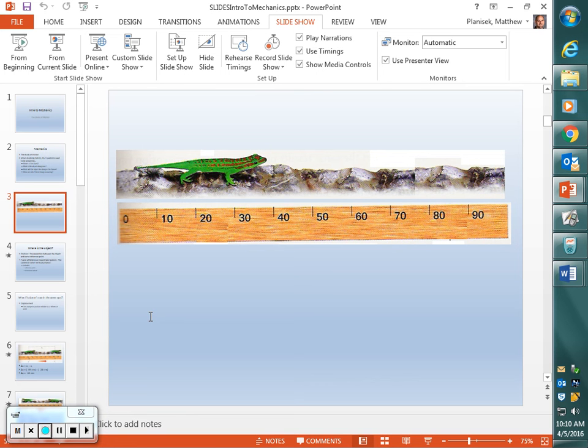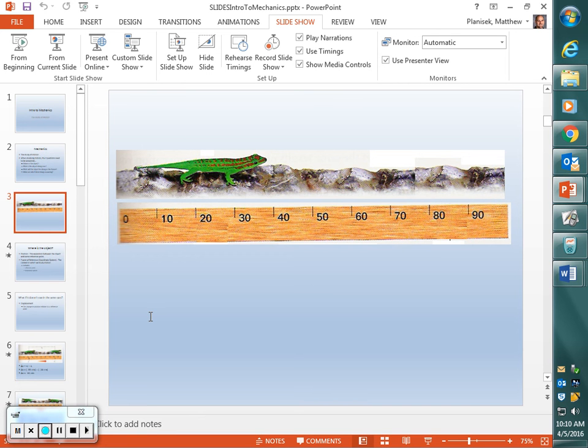The position is where an object is relative to the reference point. And that's great until the object moves. What term do we use to describe the motion, or the change in the position of an object? Displacement.